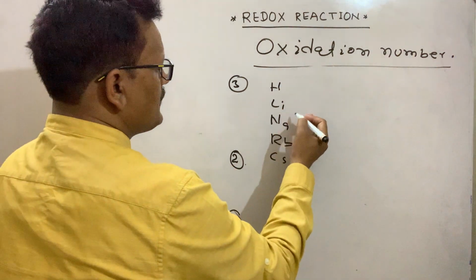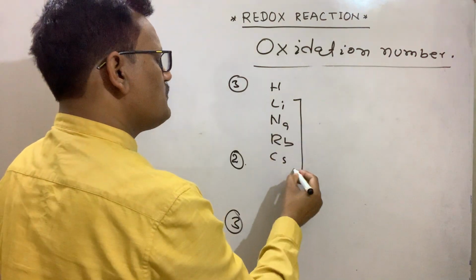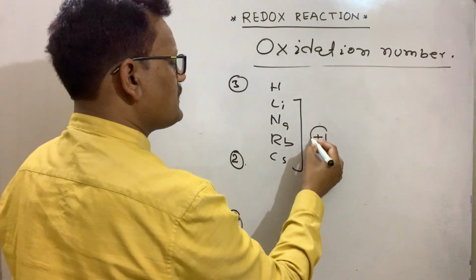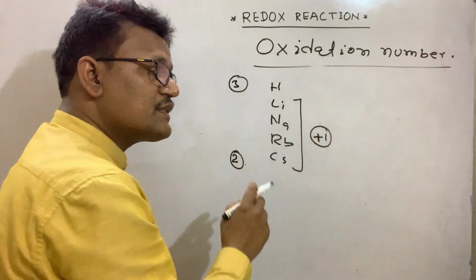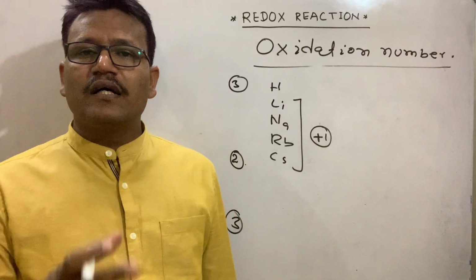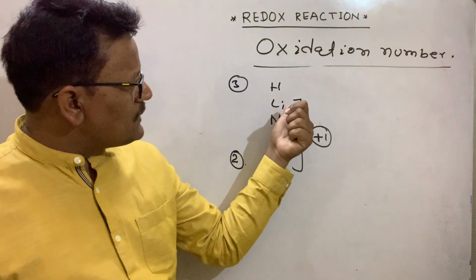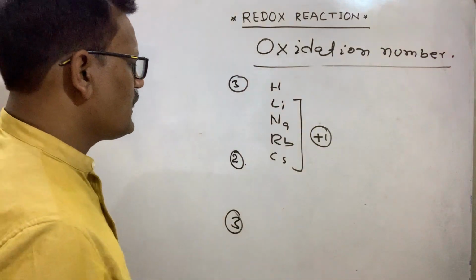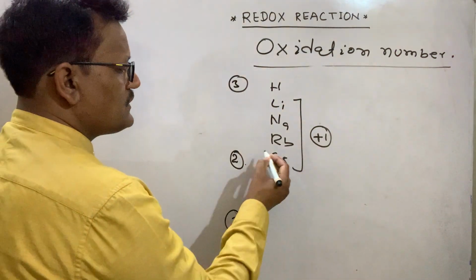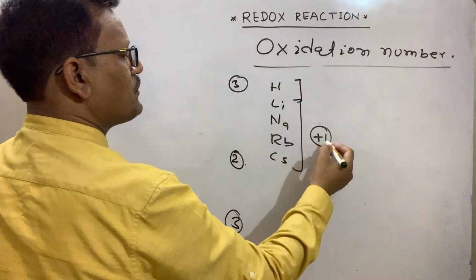So lithium, sodium, rubidium, cesium will have +1 oxidation state. If it is in combined state, if it reacts with another element, then in the molecule the oxidation state of lithium, sodium, rubidium, and cesium, also for hydrogen, would be +1.